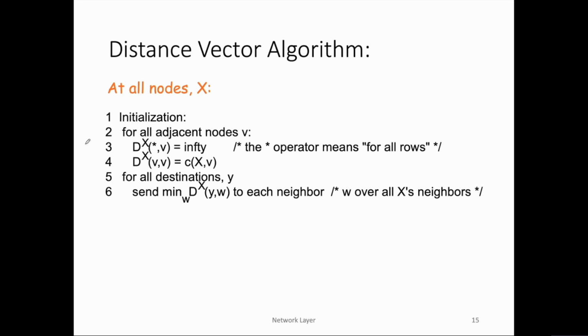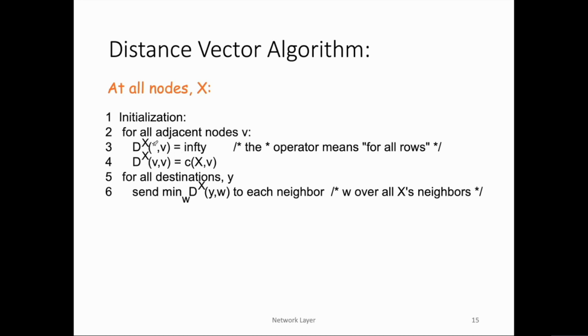So it also has two steps. This algorithm, the distance vector routing algorithm, which is the Bellman-Ford algorithm that we're discussing at the moment, has two steps. It has an initialization step, where for all the adjacent nodes V of a source, if the destination is not a direct neighbor of X, the cost to reach the destination is infinity.